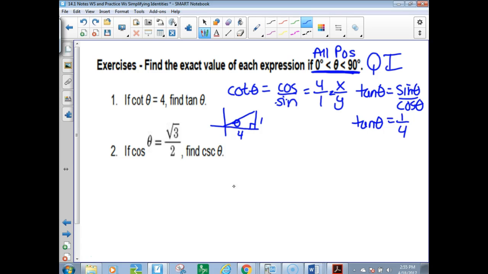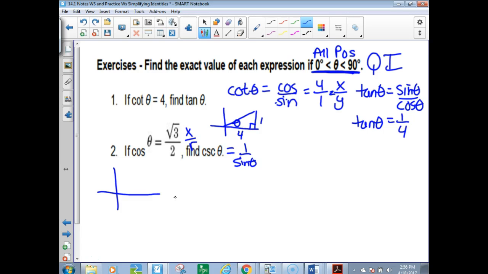Okay, with that in mind, I'm going to draw this one, and I'm going to use a Pythagorean identity. The cosecant is the reciprocal of the sine. We're in quadrant 1. If I'm given the cosine, this is x, and this is r. Remember x over r?